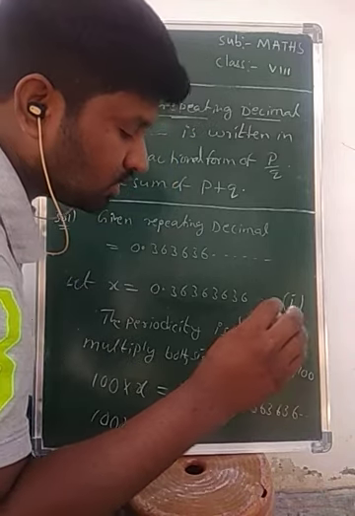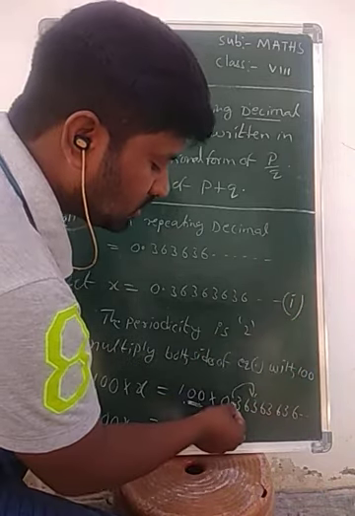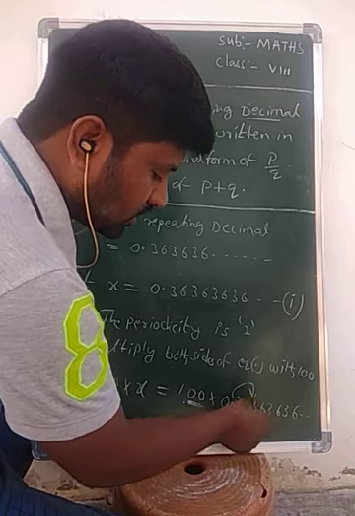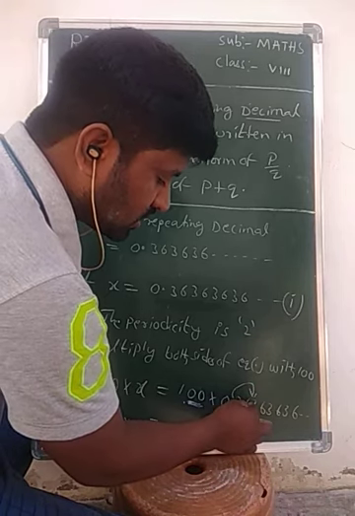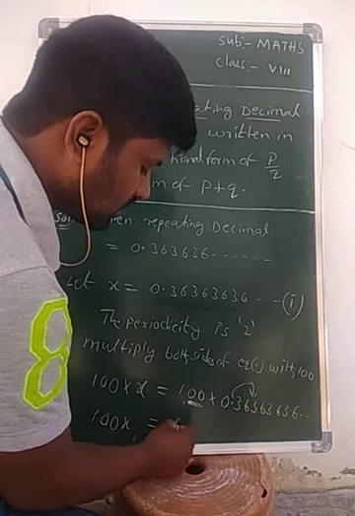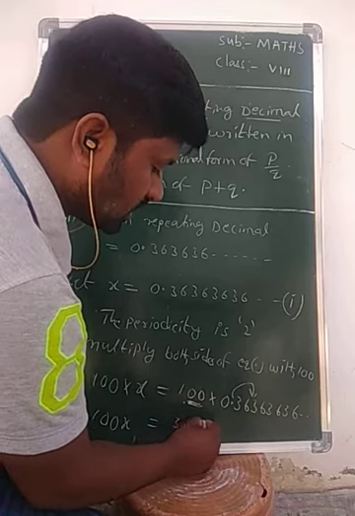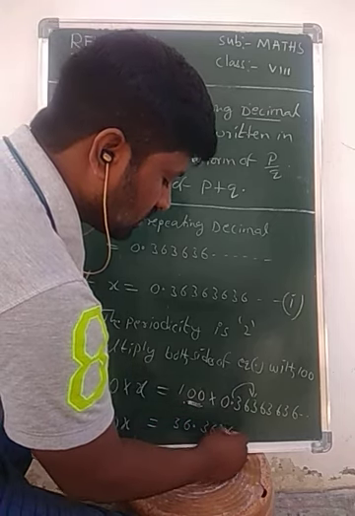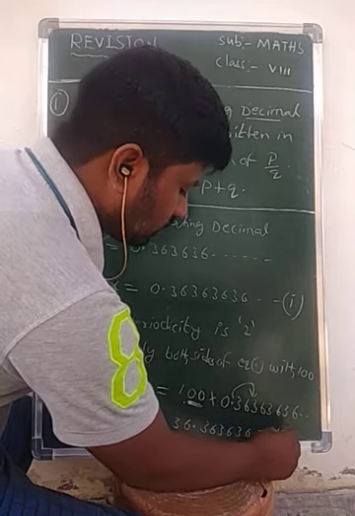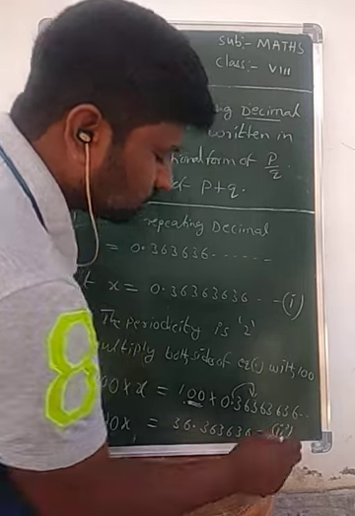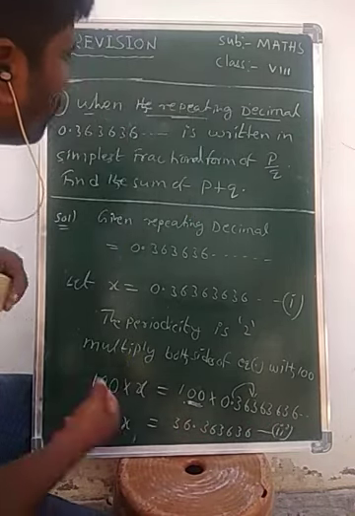That means the point comes after 2 digits jumped, after the 6. So we get 36.3636, and we consider it as equation 2. Is it clear?